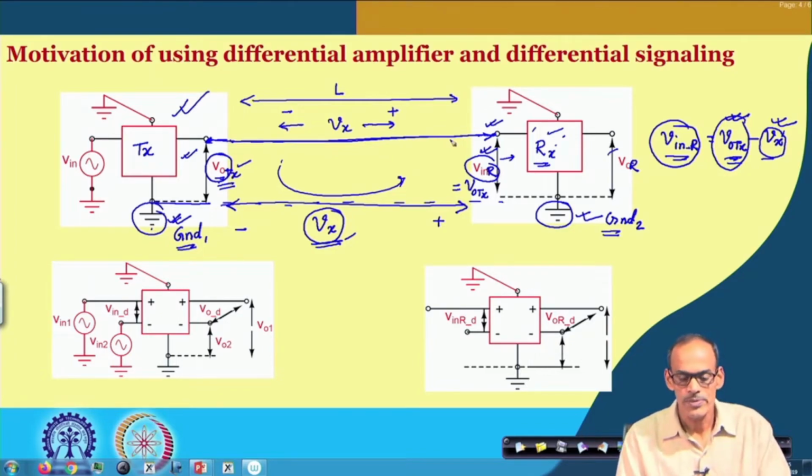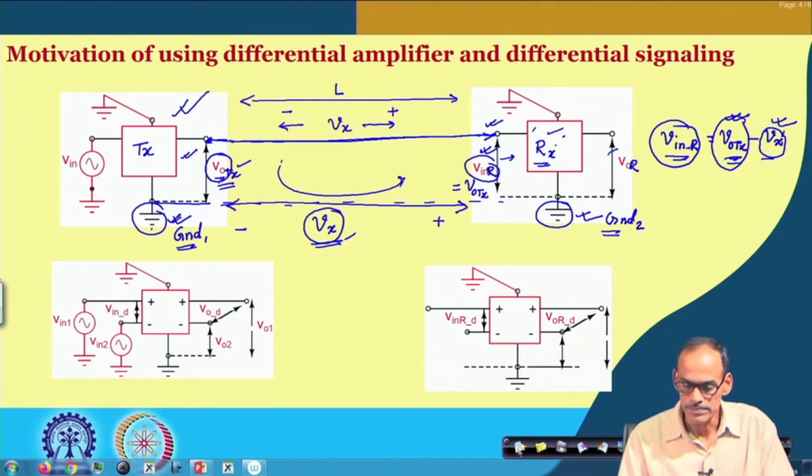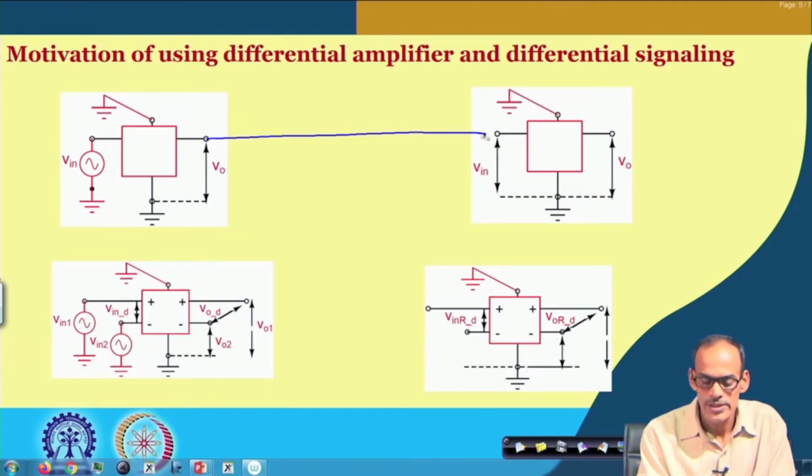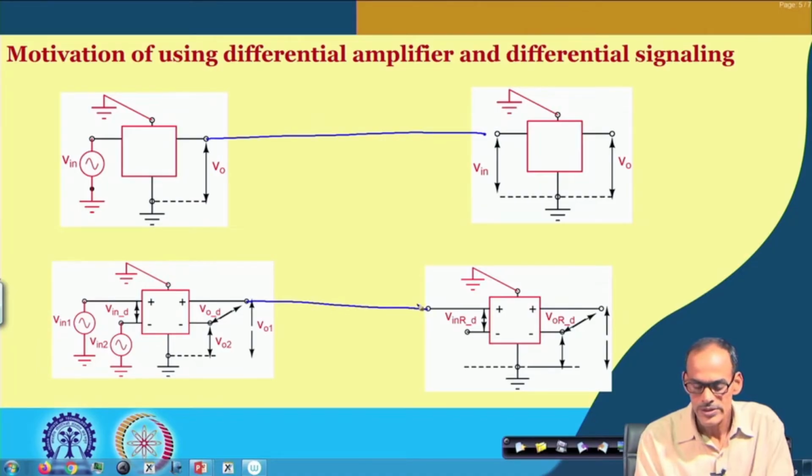Then how do we solve this problem? Instead of sending this kind of single signal, what can we do? We can send the signal which is referred to as the true signal and its complementary signal.